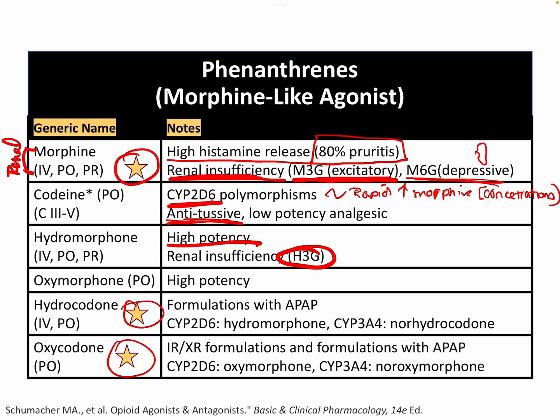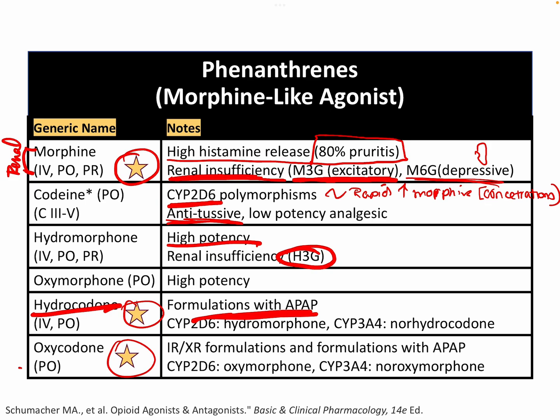Very similar to oxycodone. Hydrocodone primarily comes in formulations with Tylenol, also known as Norco. Previously, you had Vicodin, and you still hear it used, but technically Vicodin was 500 milligrams of Tylenol with hydrocodone as opposed to 325. Vicodin and Lortabs both got discontinued off the market.